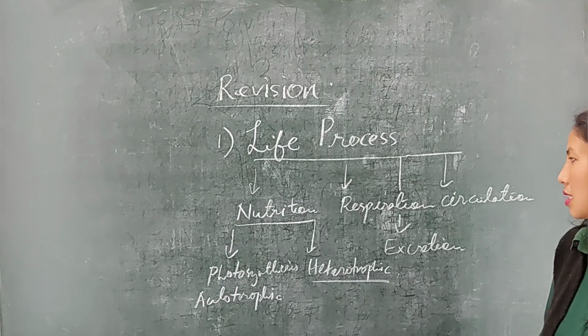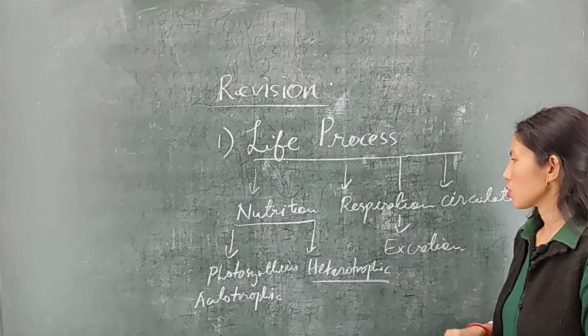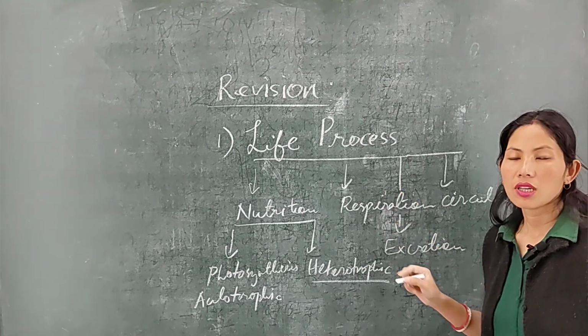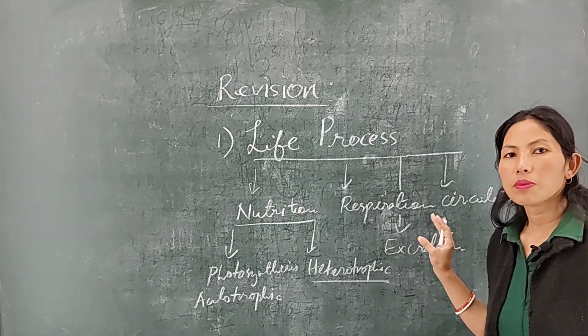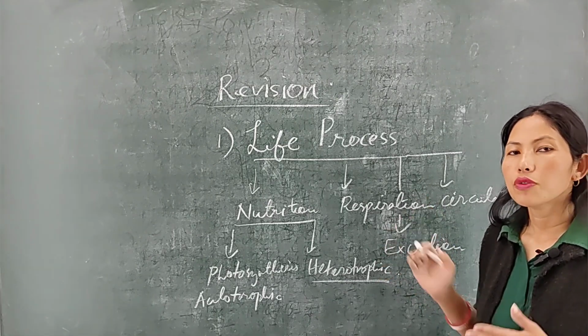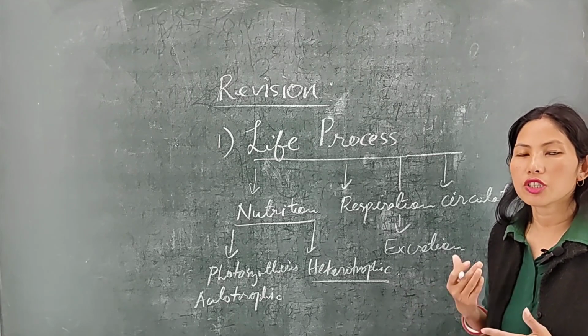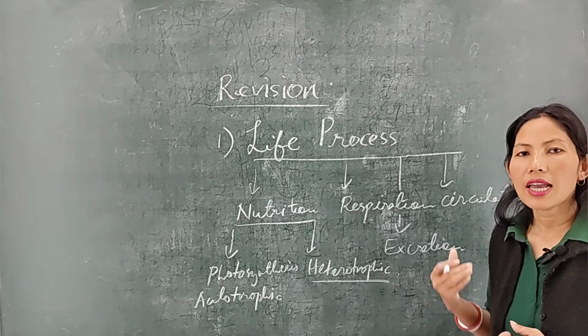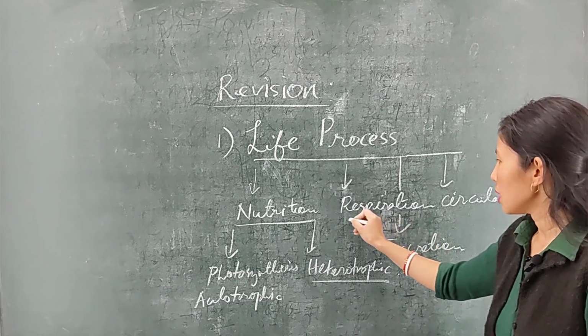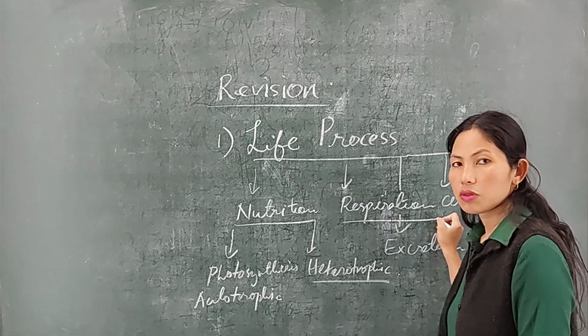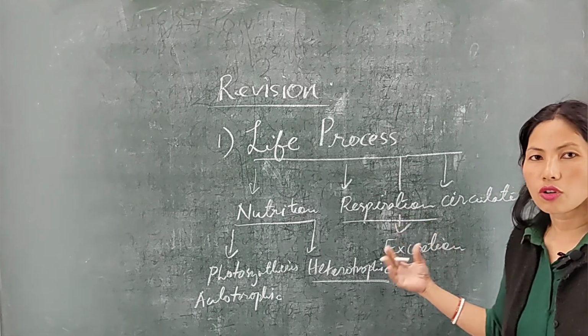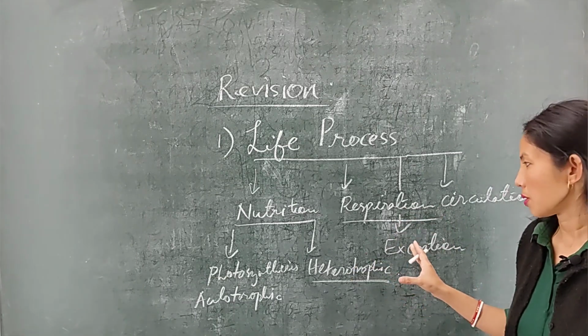Now let us discuss the process called respiration. As we know, respiration is a process where the digested food, or you can say the simplified food, is broken down in order to release energy. The one and only ultimate goal of respiration is the production of energy.